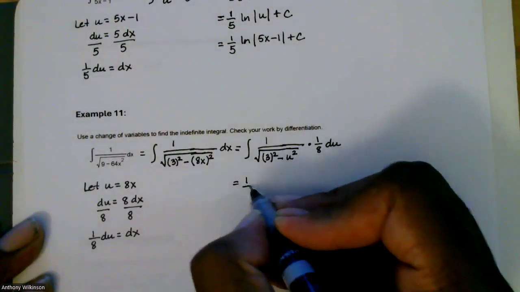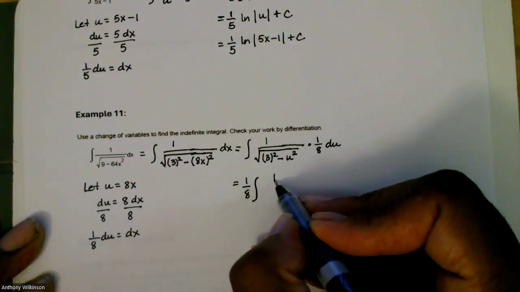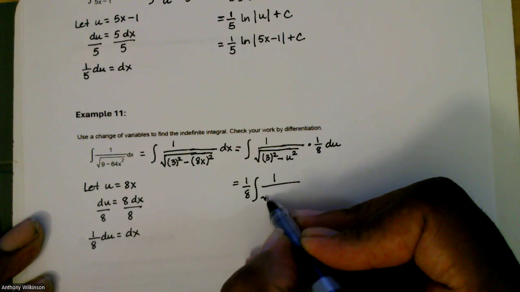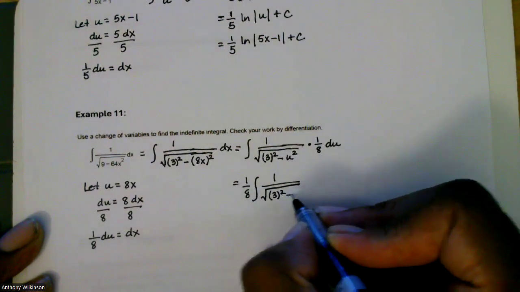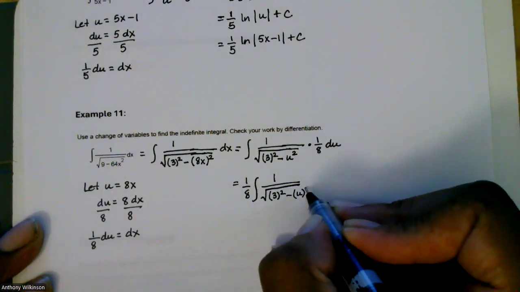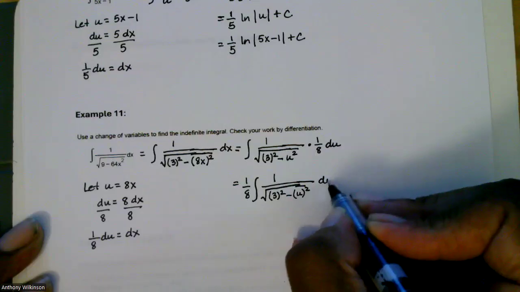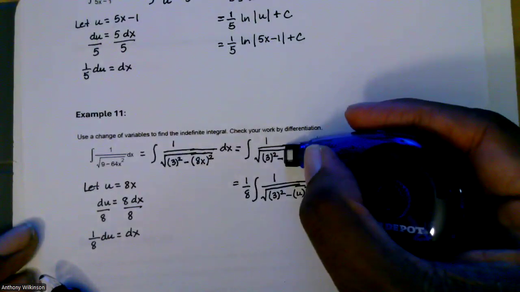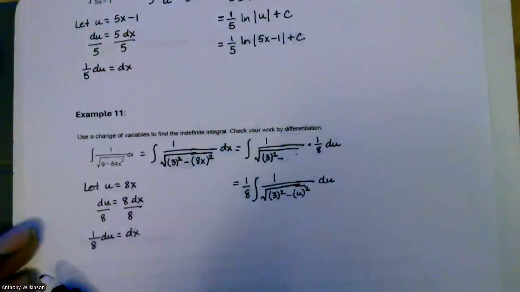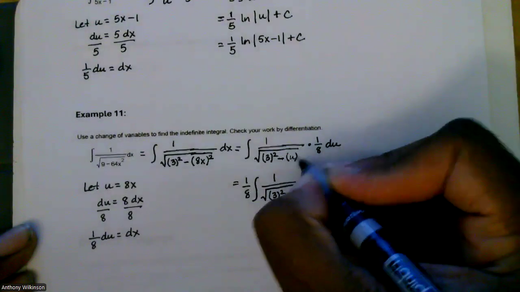And the 1/8 can go on the outside of the integral sign, so it'll be 1/8 times the integral of 1 divided by the square root of 3 squared, minus, now put the u here, and that's going to be squared, du. And I might as well do the same thing up here to show that the u will be in the parentheses, and it's going to be squared.